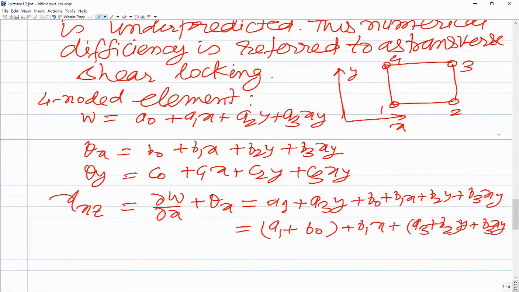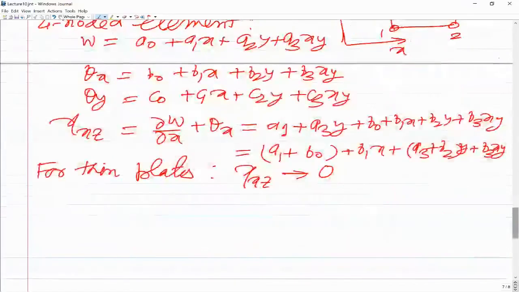Now if we are using the same element for thin plates, we know that this gamma xz is going to approach 0 everywhere within the element.